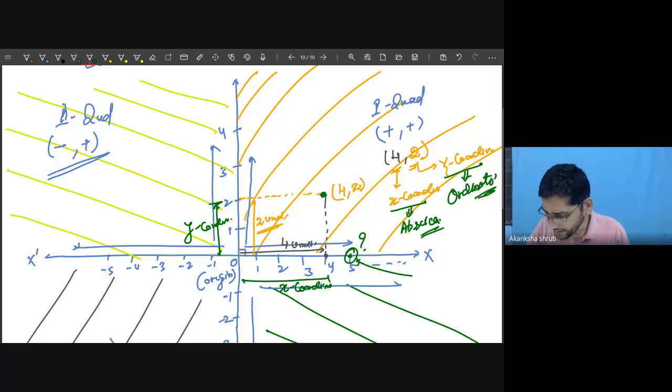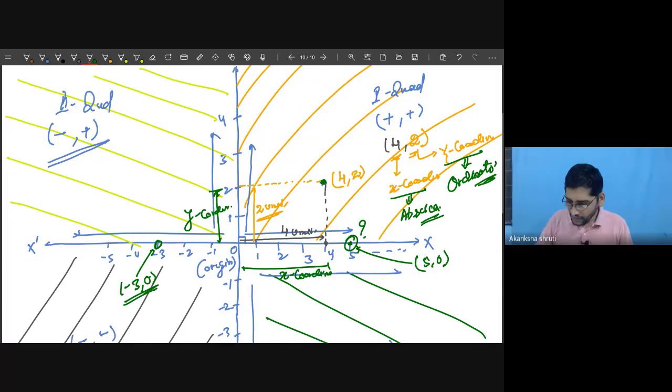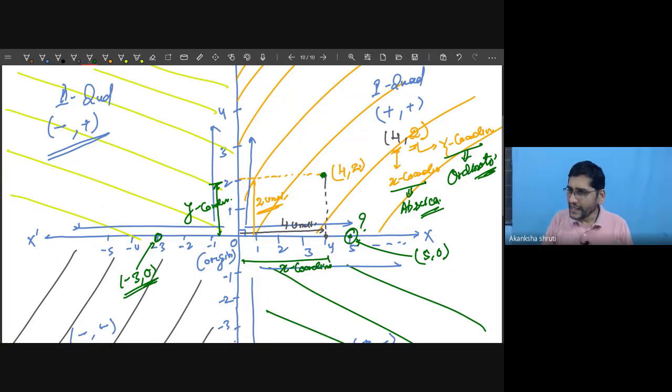Good. So here we observe this has the coordinates 5 and 0. If we want to know the coordinates of this point, if the point is here, so x is -3, but there is no movement along the y-axis, so it is 0. So for all points on the x-axis, the y value is 0.